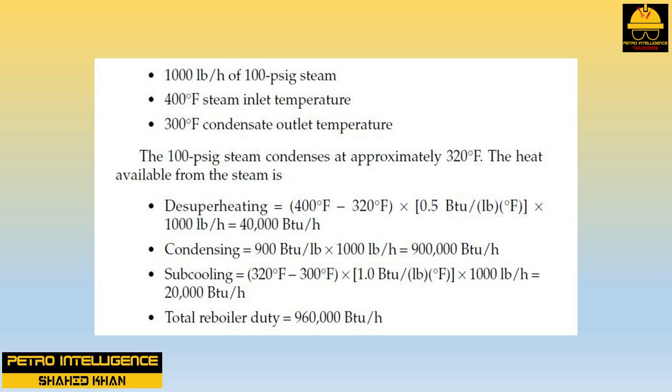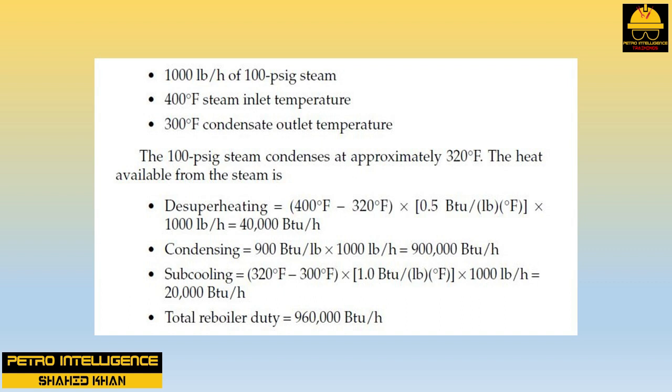The 100 psig steam condenses at approximately 320 degrees Fahrenheit. The heat available from the steam is: superheating equals 400 to 320 degrees Fahrenheit times 0.5 BTU per pound degree F times 1000 pounds per hour equals 40,000 BTU per hour.